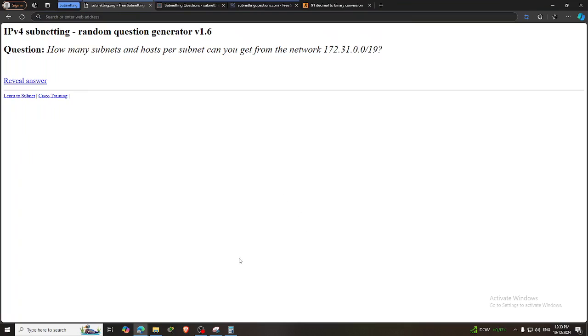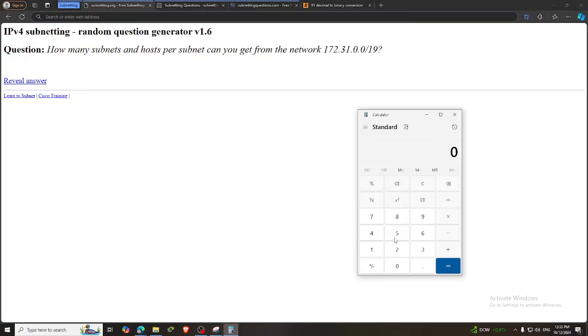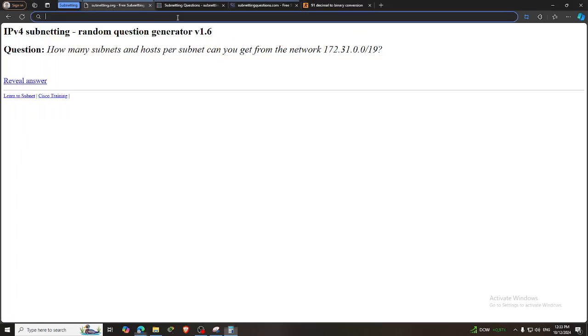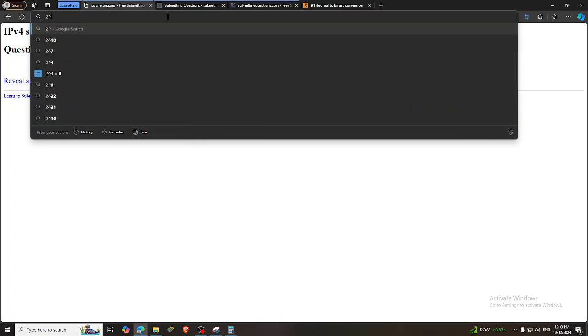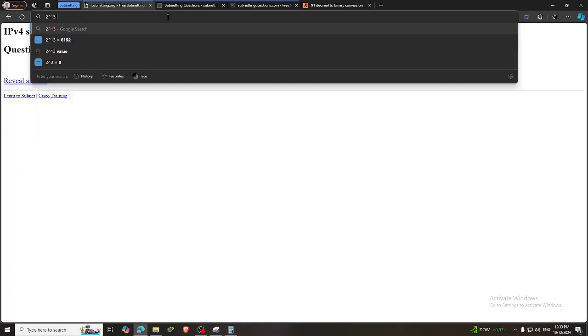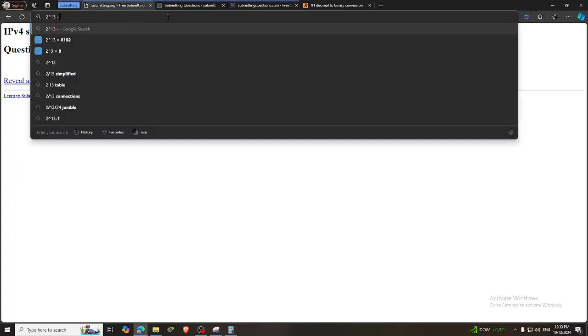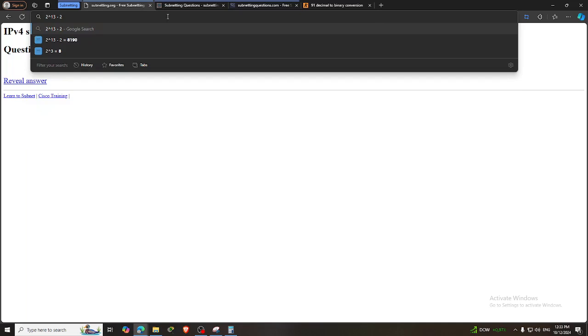In total, we have 32 bits. If we subtract 19 from them, we will be left with 13. So the subnet can hold 2^13 minus 2, which is 8,190.